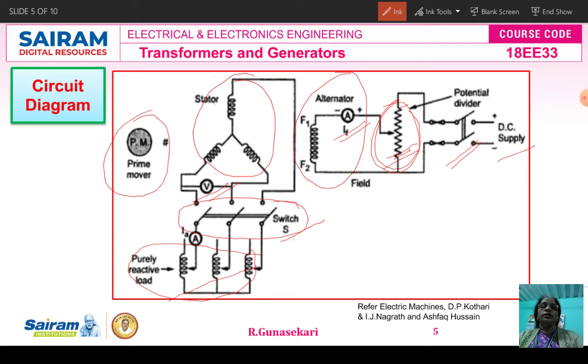Note down the readings, that is, the IF and the armature current IA, and then tabulate them. From this, you can draw the full load zero power factor characteristics. The full load zero power factor test is conducted until the reactive load reaches the full load.